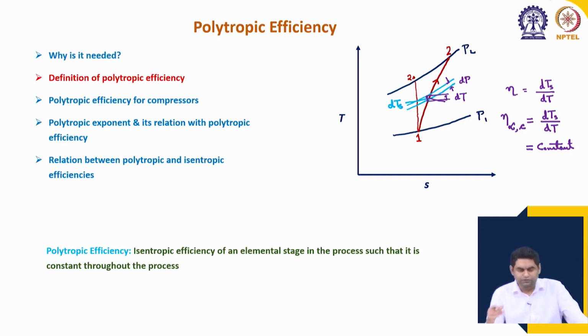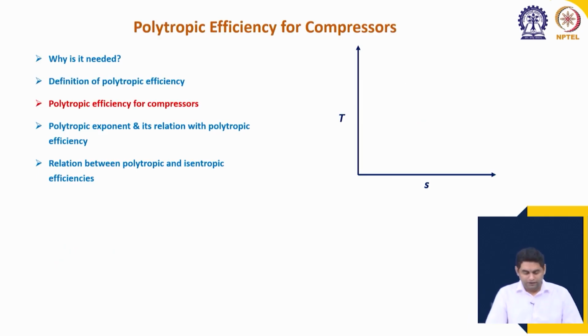Now, let us try to relate this polytropic efficiency for a compressor. So, this is the polytropic efficiency for a compressor. For turbine also we will define similarly. We will try to relate this to known parameters. How is it related to known parameters?